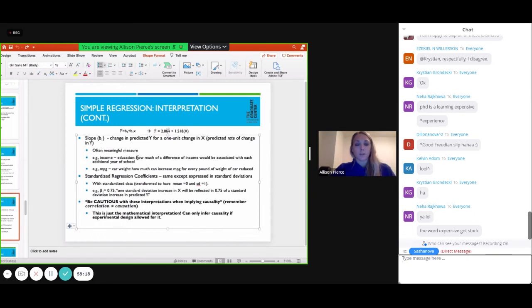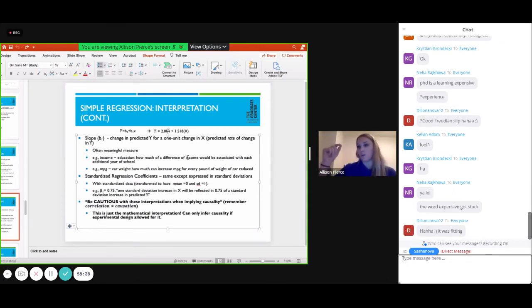If you're interpreting the slope, you would say, how much of a difference in income would be associated with each additional year of school, so a 1 unit change in education? If your educational variable was measured in years, for each additional year of school, what is the change in income? How much more or less?